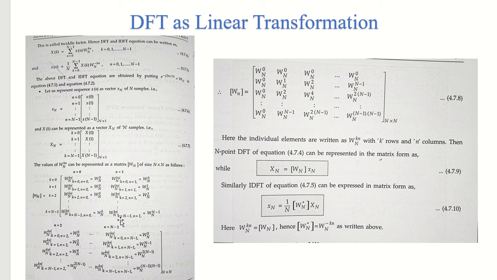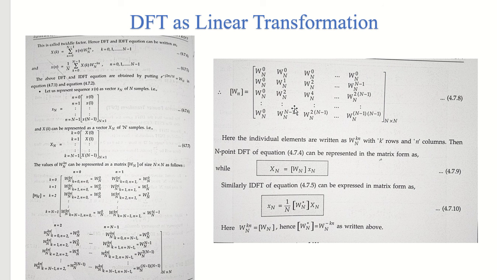So basically the final formula of my Wn will look something like this. You will have Wn0, Wn0, Wn0 up to Wn0 for the first row. Then we have Wn0, Wn1, Wn2 up to Wn n minus 1.